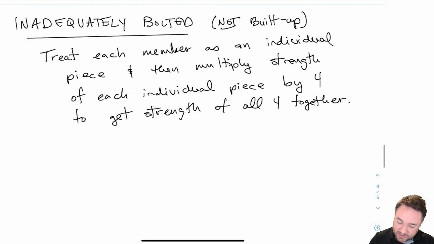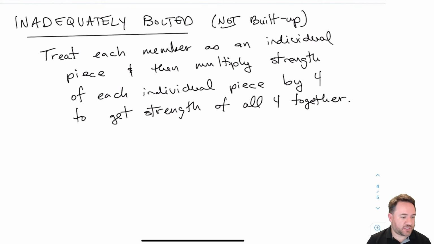Okay, so in this case, since we're not considering it to be a built-up section, we're going to treat each member as if it's an individual piece, and we're going to calculate the strength basically of one member, and we're going to multiply that total strength by 4, since there happen to be 4 individual members in that location.